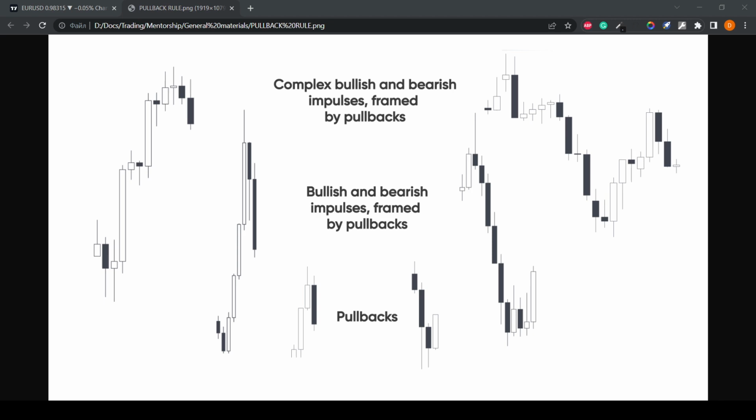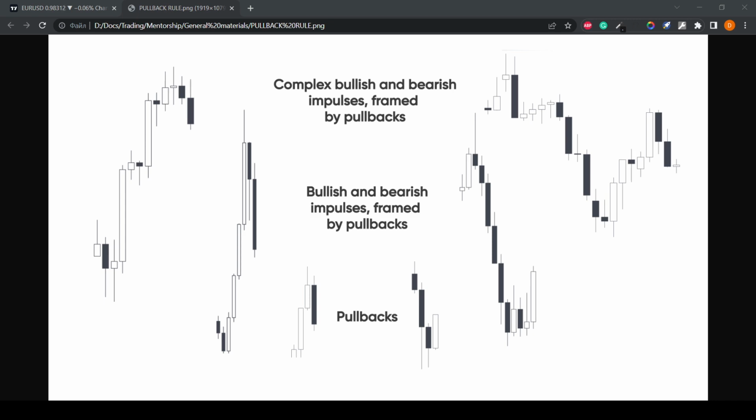For this task, we will do it like this. First, we will see a bullish push happen, and then a pullback. As you see, this candle, even though it's black, we don't consider it a pullback because it didn't close with its body below the previous candle.